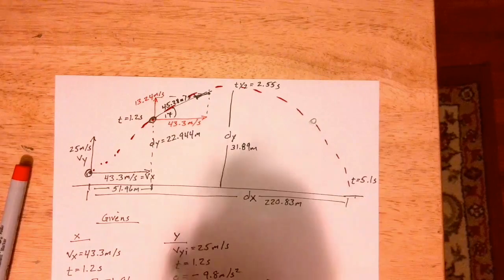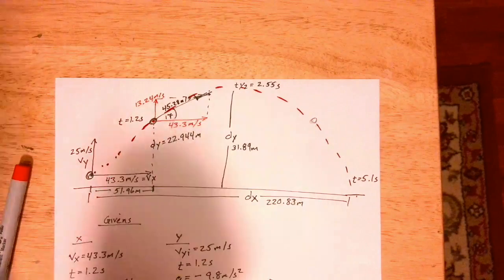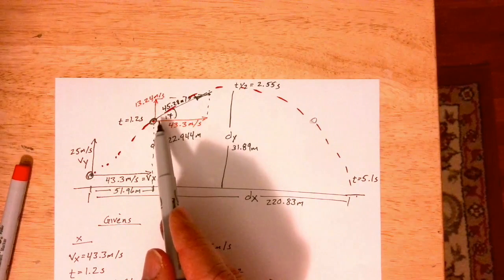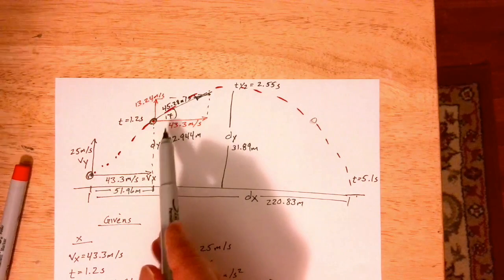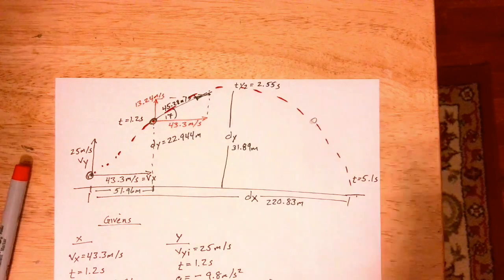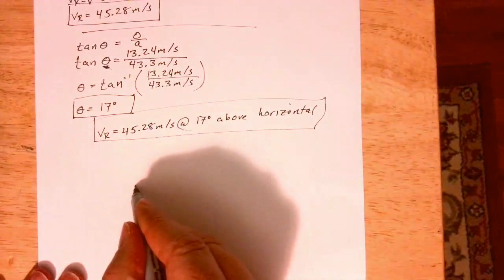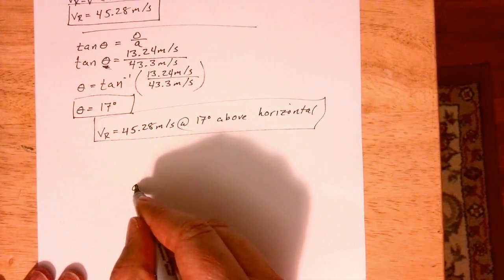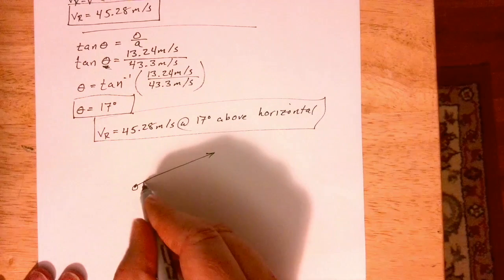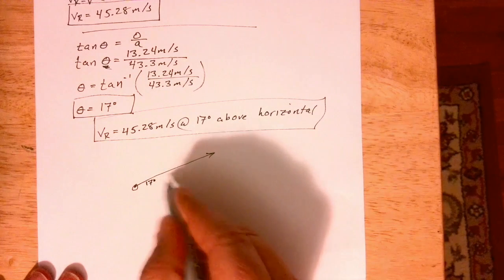Okay, and this is kind of helpful, especially if you're trying to aim for a certain type of target. And let me go switch back to the other one here. Actually, let me go down here. So what that means, in fact, is it's going at a 17-degree angle at that point in time.